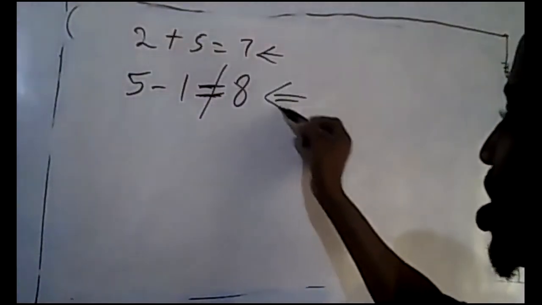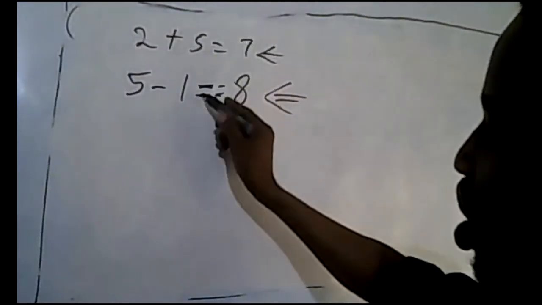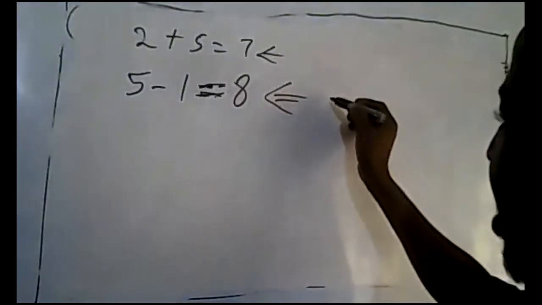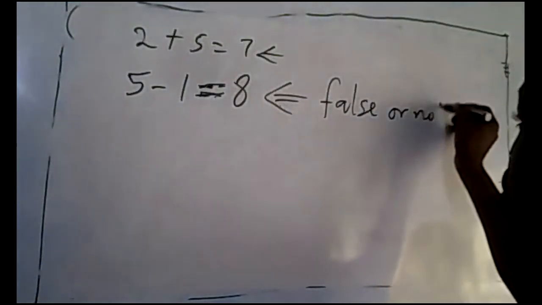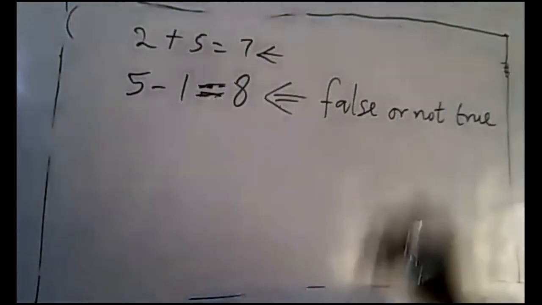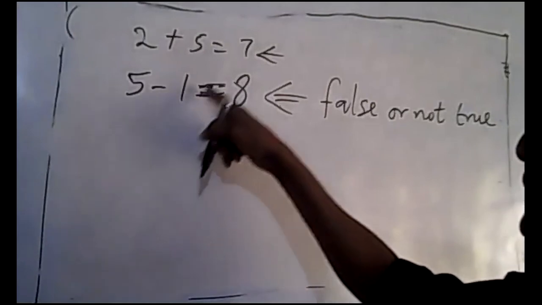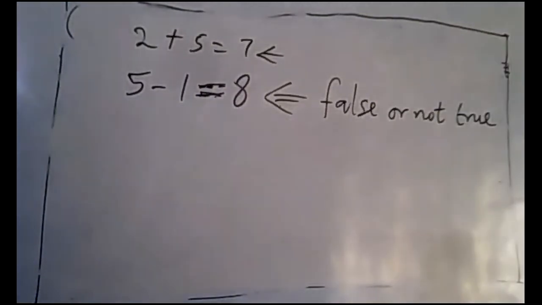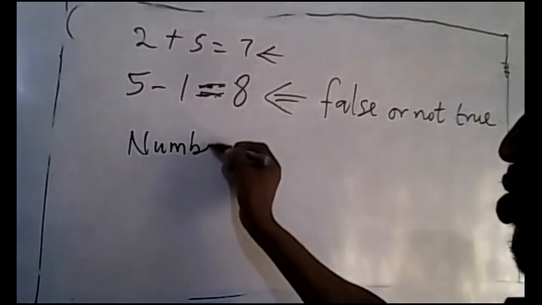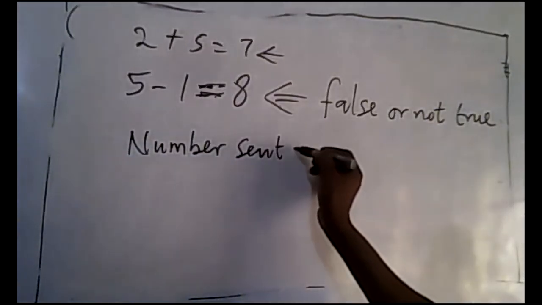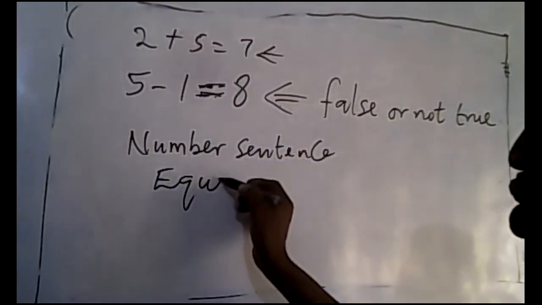Without that line, if I had not drawn a line across the equal to, I would have said this is false or not true. So this equation is not true because 5 minus 1 is not 8. This is what we call a number sentence, and it's also called an equation.